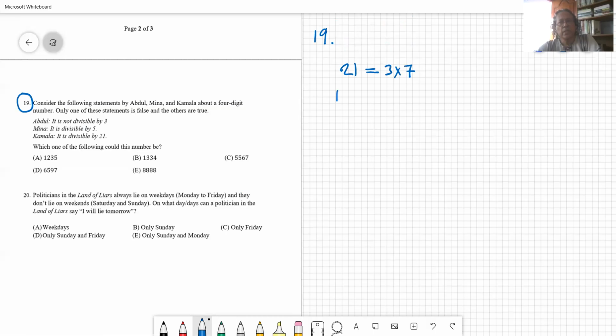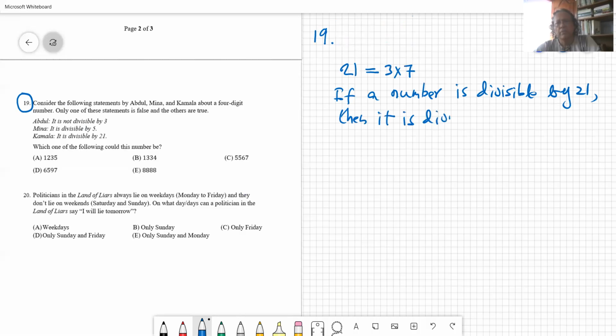So if a number is divisible by 21, then it is divisible by 3 and 7, right?